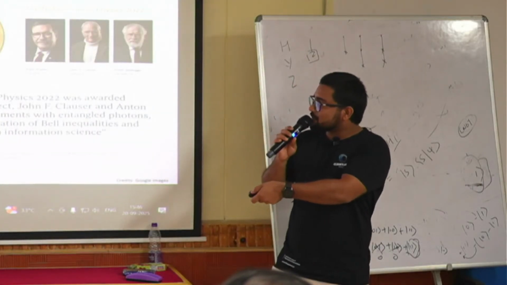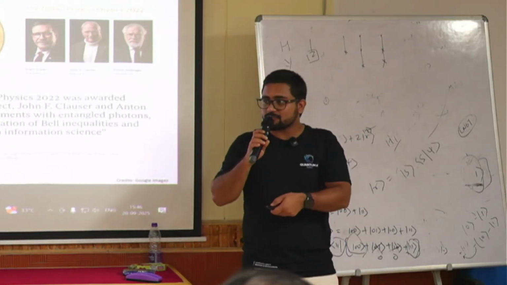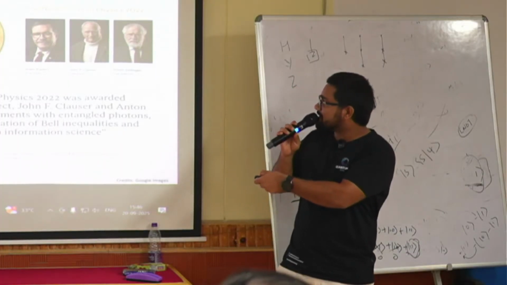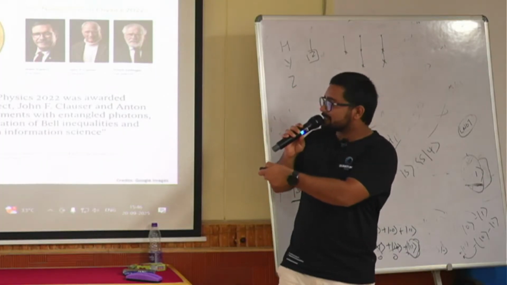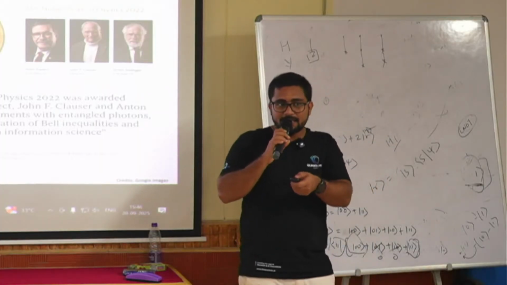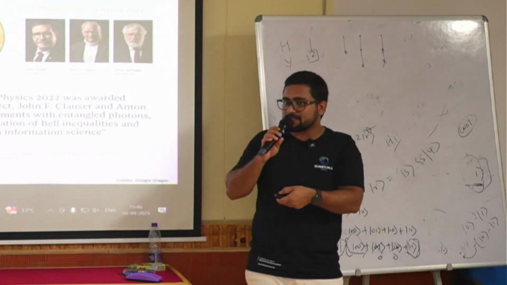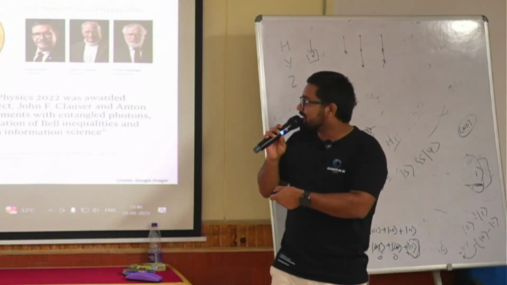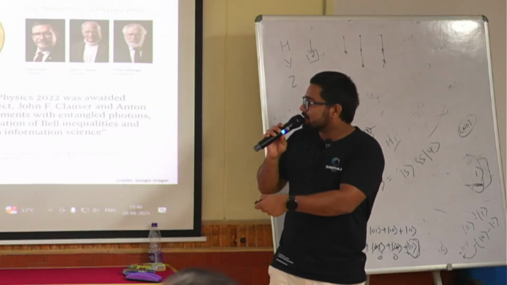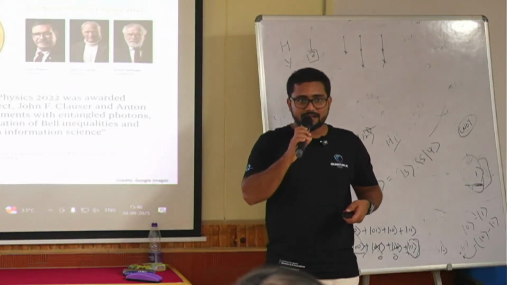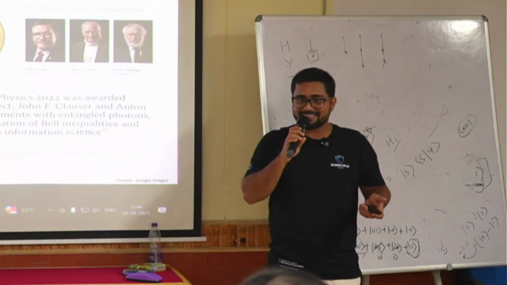In 2022, the Nobel Prize was awarded to three gentlemen who fixed some experimental loopholes in the Bell experiment and did something called quantum teleportation. How crazy it is, you can just think about it.